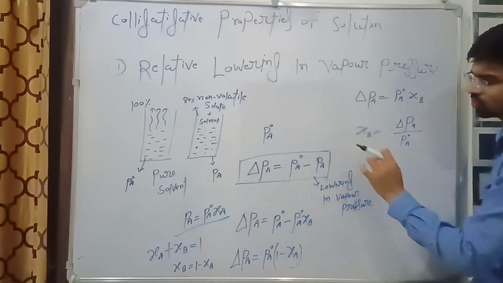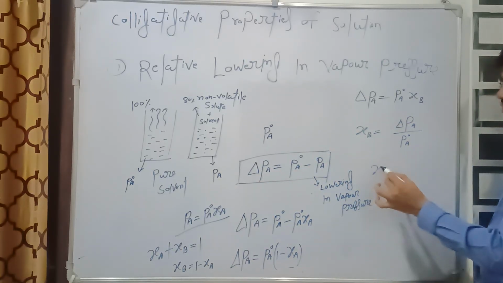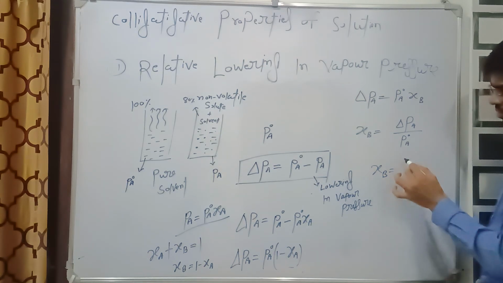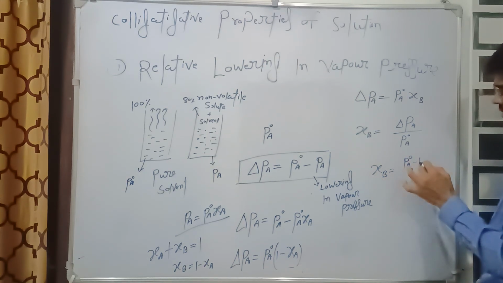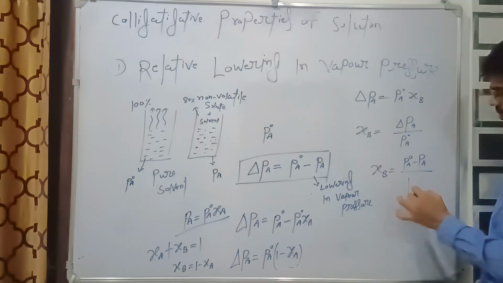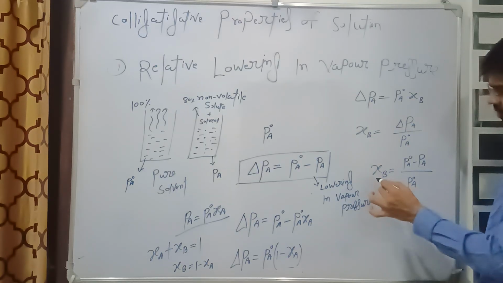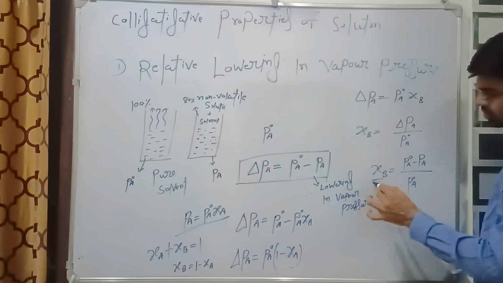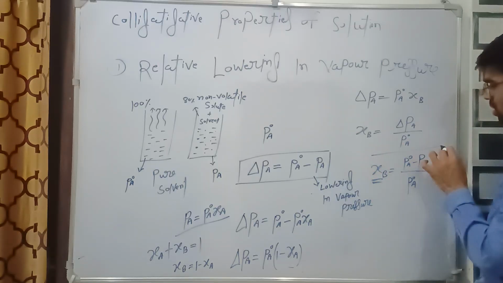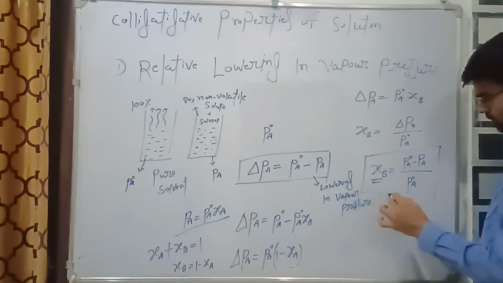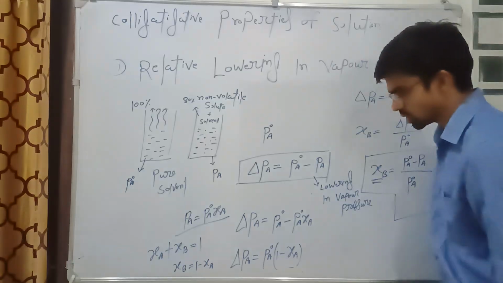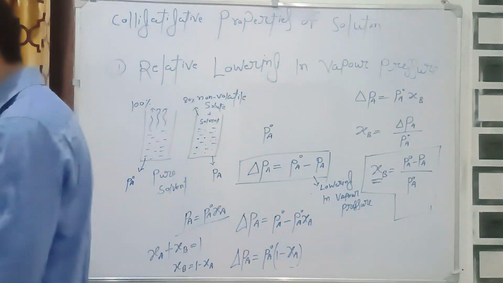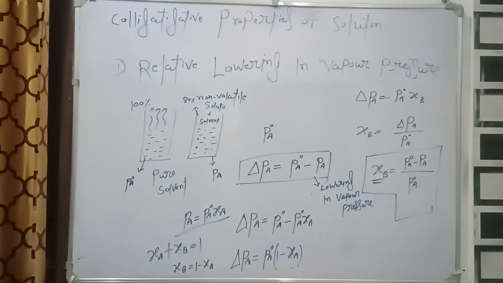Del PA is equal to P naught A minus PA. So XB will become equal to P naught A minus PA upon P naught A, where XB is the mole fraction of the solute. So this will be the derivation for relative lowering in vapor pressure. So this is our first colligative property.